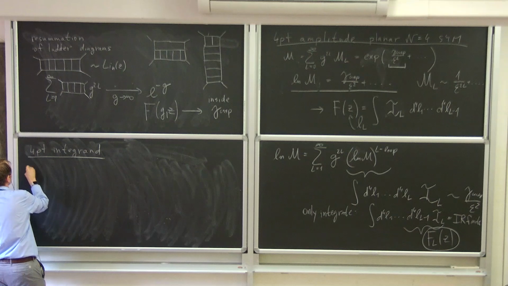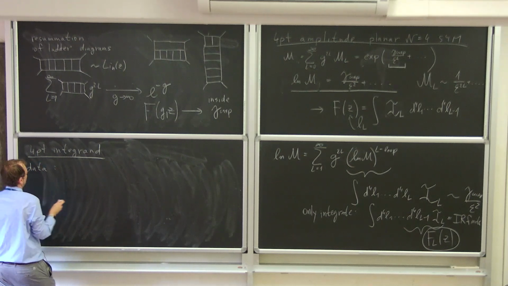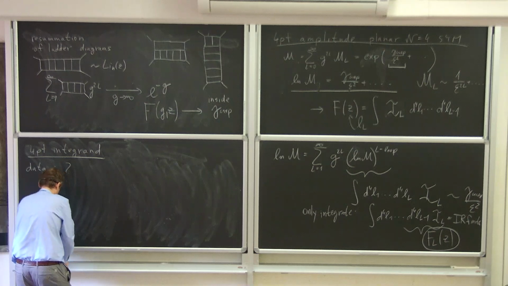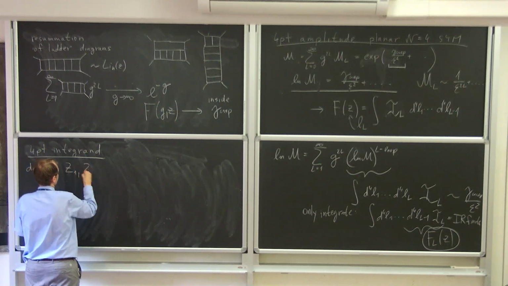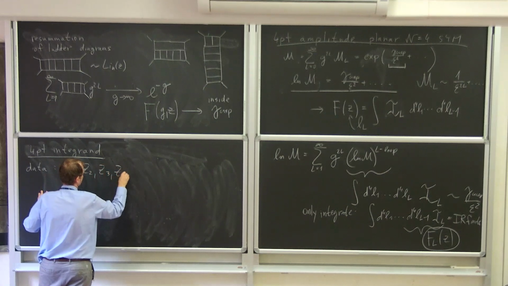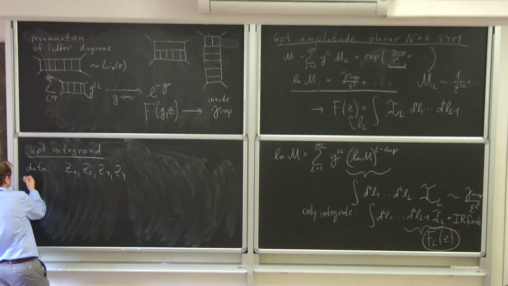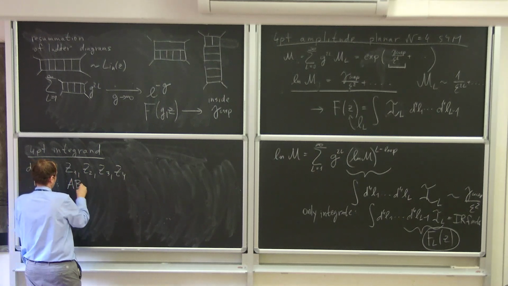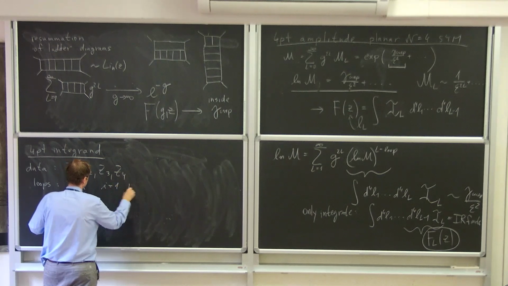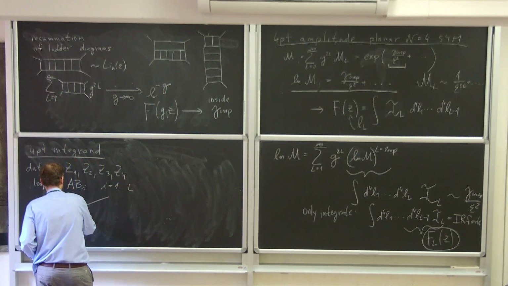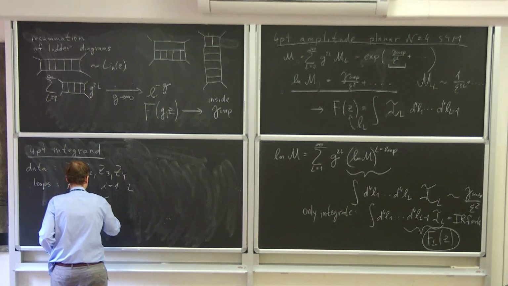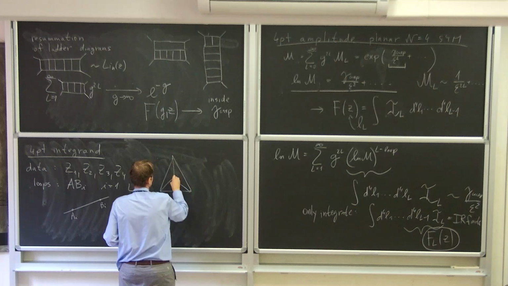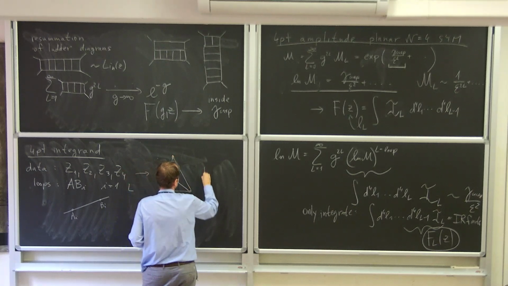So our kinematical data are external momenta, but because we are in planar N=4, we will use momentum twistors. So we have Z1, Z2, Z3, Z4, and we have loops AB_i, where i runs from 1 to L. So these are lines in momentum twistor space. You can visualize it as forming a tetrahedron in P3.